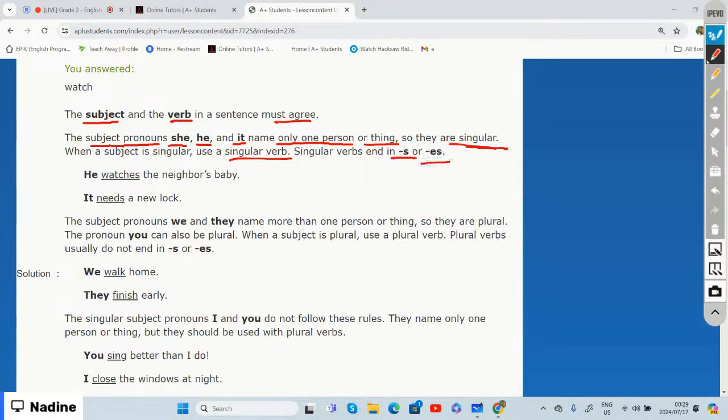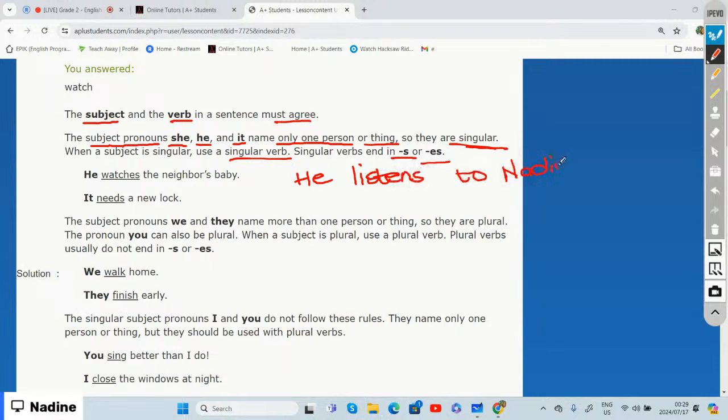So let's say, for example, instead of saying your name, we're going to say he, because we are making mention of you right now. If I'm talking about you to them, then I'm going to say he. Let's say I want to say that you are listening to Nadine, then I'm going to say he listens to Nadine.